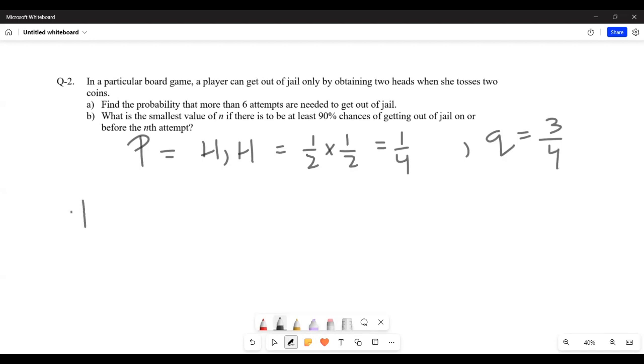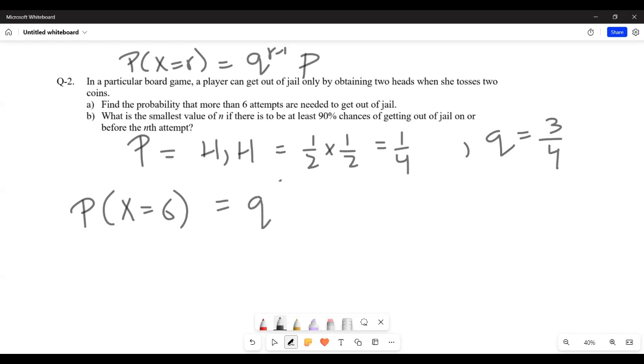We have to find the probability that you get double heads on the 6th attempt. So probability X equals 6. And we know probability X equals R equals Q power R minus 1 times P. So this is going to be Q power 5 times P, which is going to be 3 by 4 power 5 times 1 by 4.